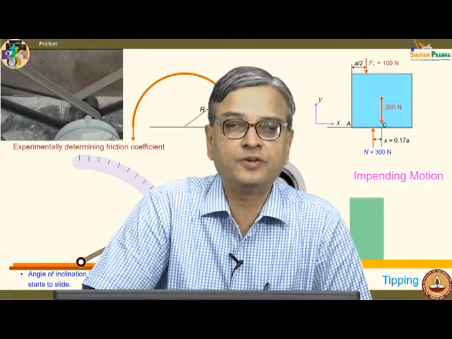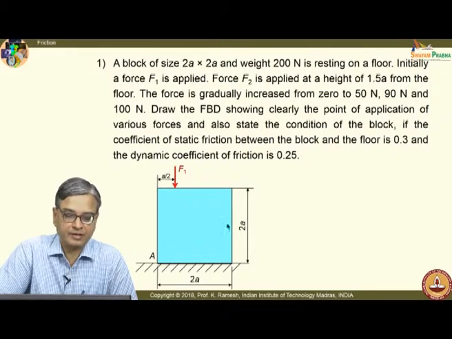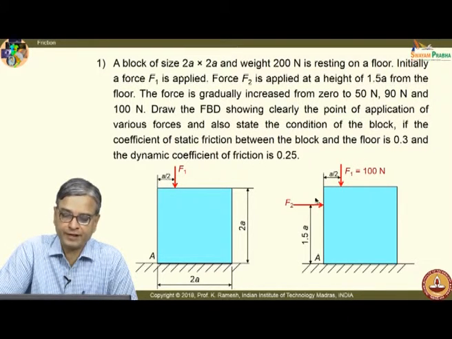Let us continue our discussion on friction, and we will try to solve this problem. You have a block of 2a by 2a subjected to a force F1, and it is also subjected to a force F2 whose magnitude is changed from 0 to 50, 90 and 100 newtons in steps.